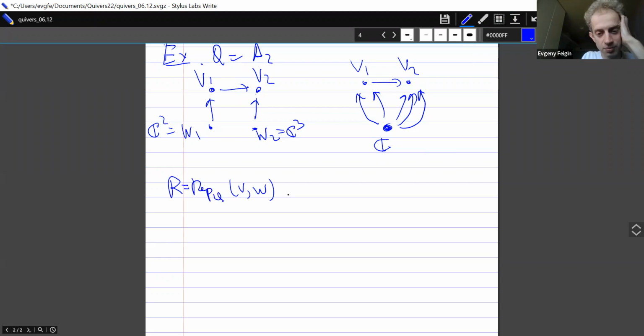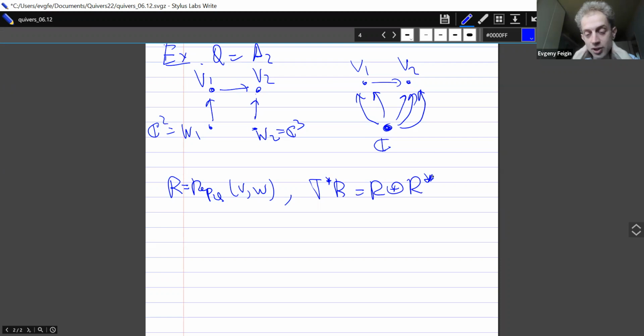Then let me consider T star of R. This T star of R is just R plus R star, because this R is just an affine space. So therefore it's the cotangent bundle, which is a fancy word here, but it just means R plus R star.